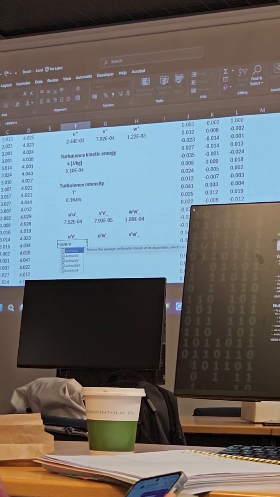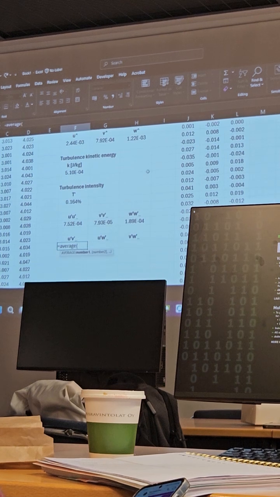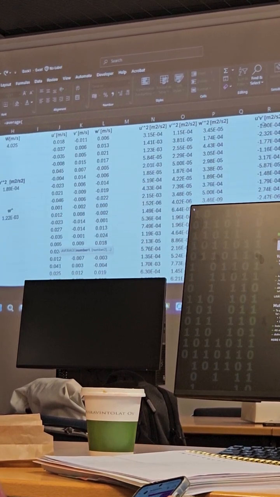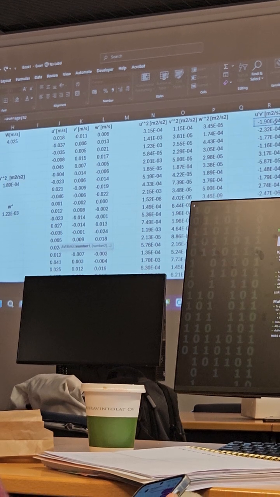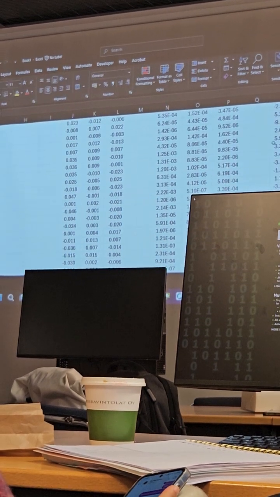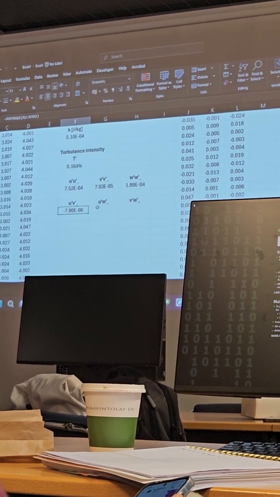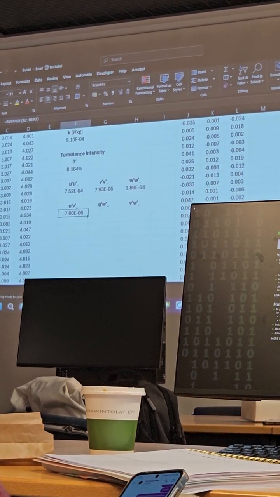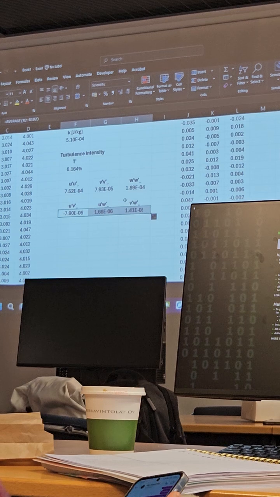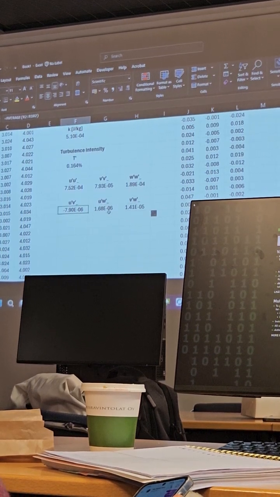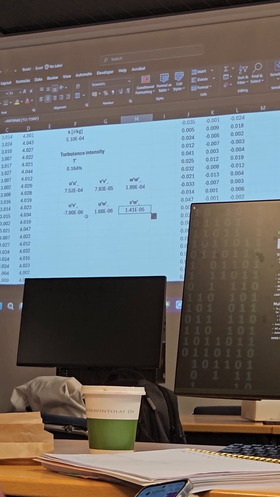So the average of the last columns we calculated. So the u prime v prime column is for the time average of u prime v prime, which we can pull also for the other two terms. Now we get the Reynolds stresses.